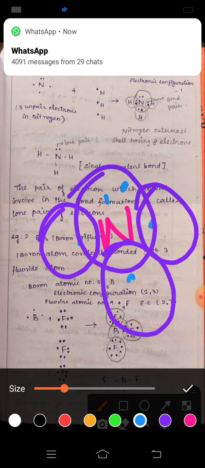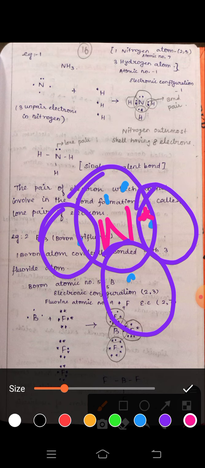Now these all are combining with the hydrogen atoms. 3 hydrogen atoms are combining with the nitrogen atom and it is attaining a stable electronic configuration. Now count how many electrons are there: 1, 2, 3, 4, 5, 6, 7, 8. It has 8 electrons in its outermost shell, so it attained a stable electronic configuration.